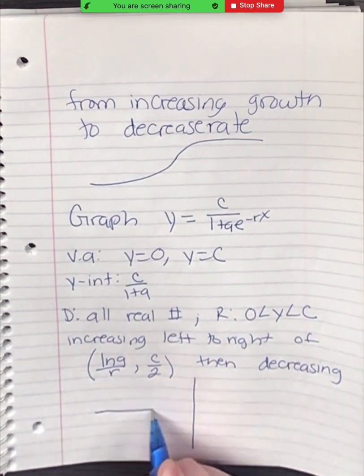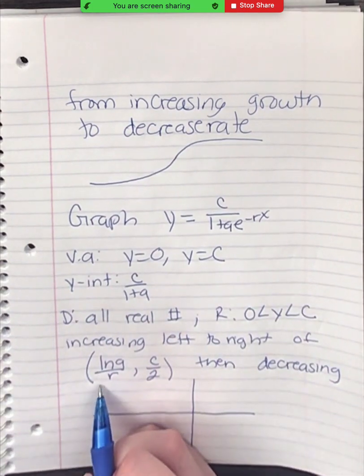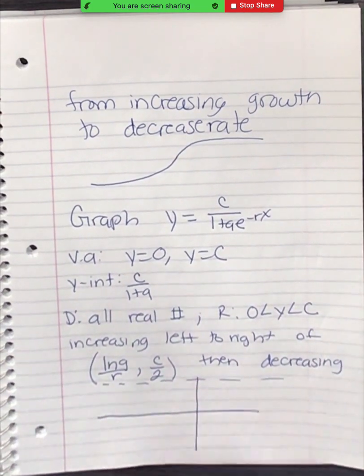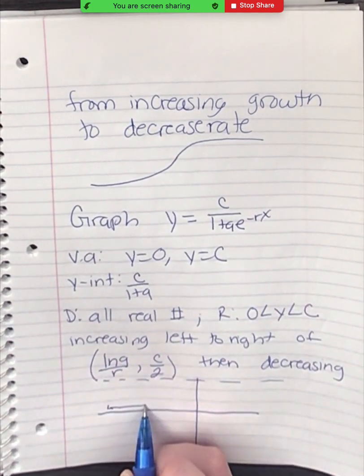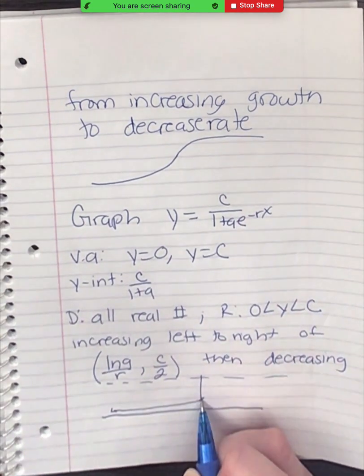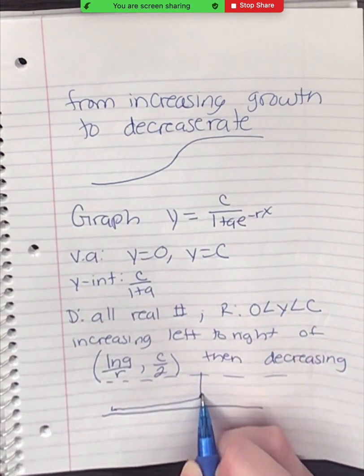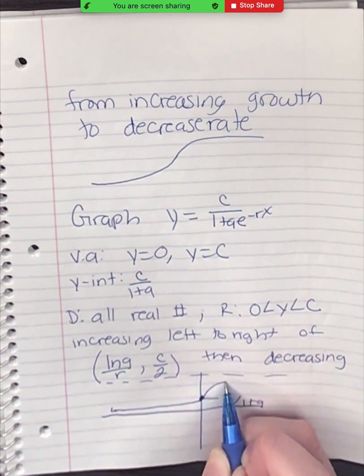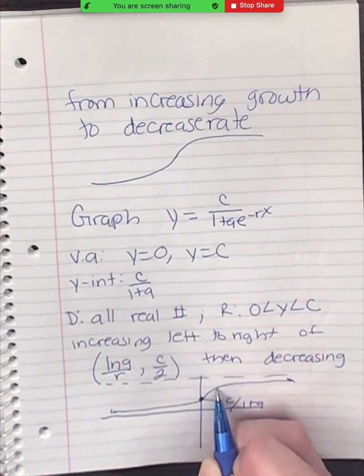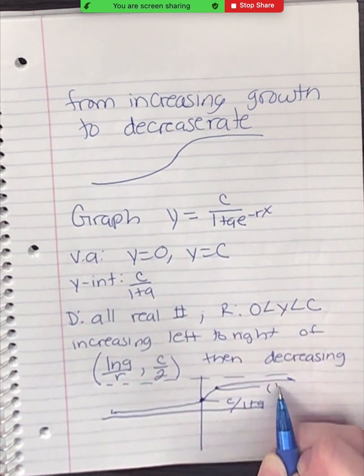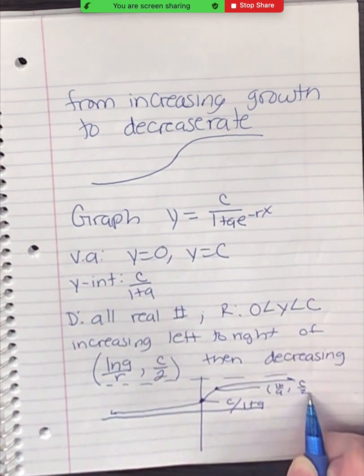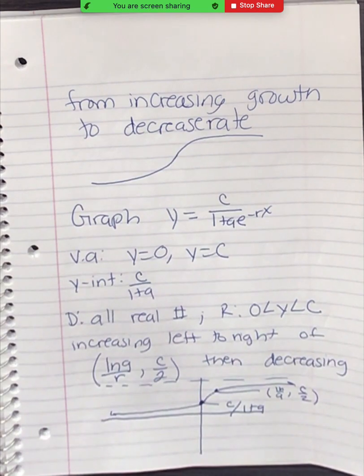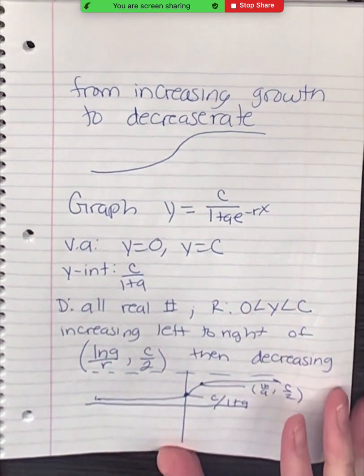Okay, so again, it's between two asymptotes, okay? So it starts increasing, hits the y-intercept at c over 1 plus a. Then it turns to decreasing at natural log of a over r, c over 2, okay? So it has that general form to it.